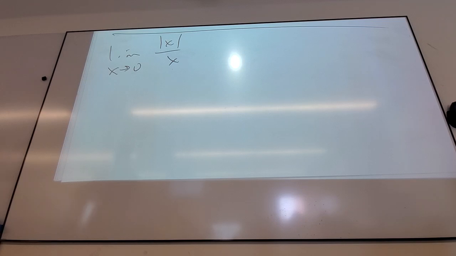Any thoughts? Just show us how to do it. What's the issue with this? Why is 0 such a pivotal number here, besides it being the limit? Why have we taken the limit as x goes to 0? What happens at 0 for the top function?